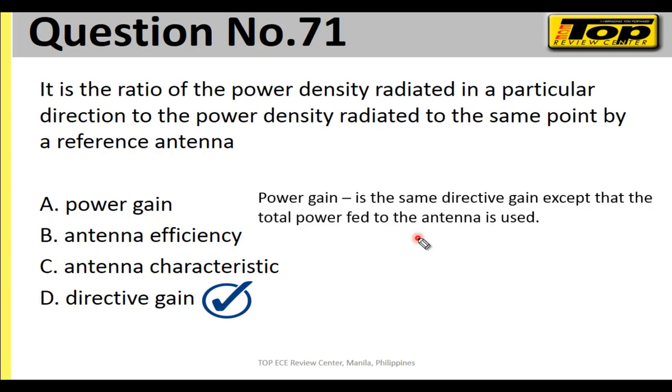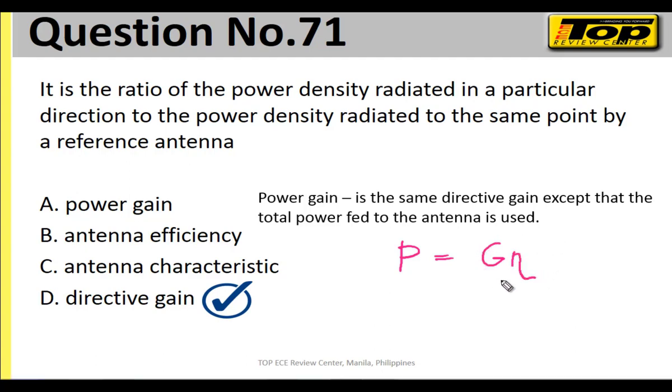Power gain is the same as directive gain except that the total power fed to the antenna is used. Okay, so pag nilagay mo na doon sa antenna, ang tawag mo na doon is power gain. Kaya nga minsan, pagka kinalculate natin, power gain is simply the directive gain multiplied by the antenna efficiency.